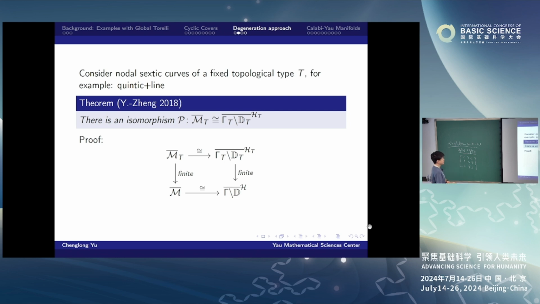For example, in this case, if you consider the moduli space of a quintic and a line, then we can have an isomorphism from it to a type IV domain. We have 5 nodes, so the dimension will be decreased by 5. So it's a 14-dimensional type IV domain. And the proof is similar. On the GIT side, we need to work a little bit differently than the previous case.